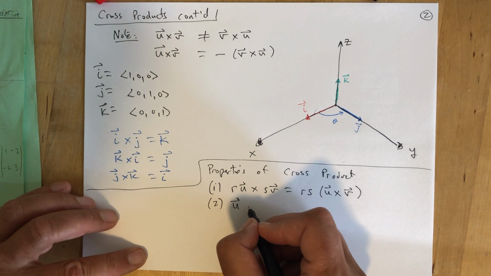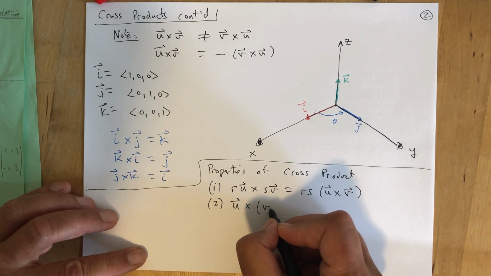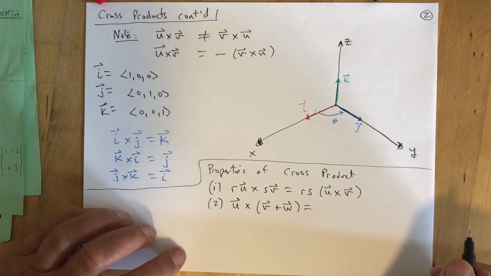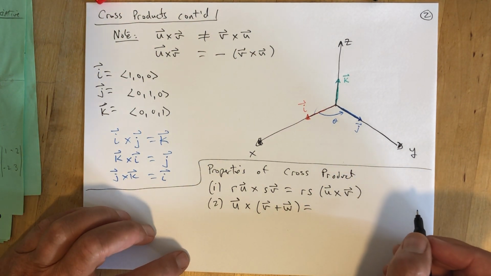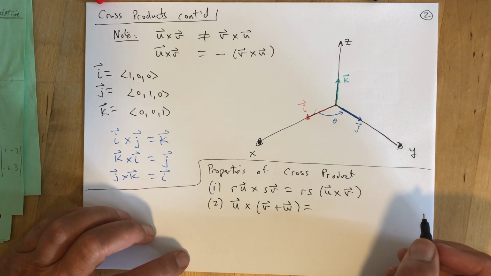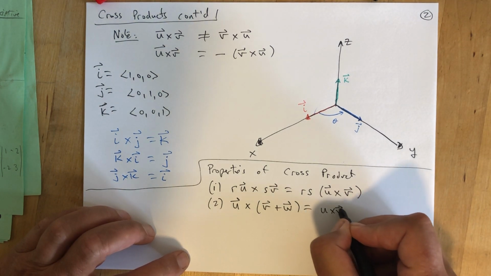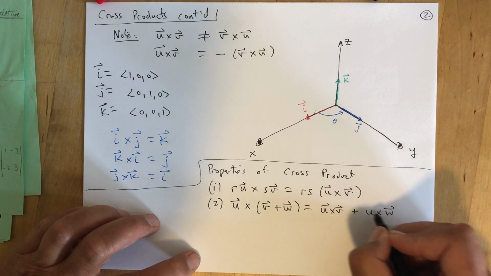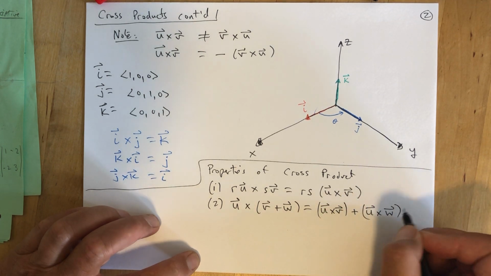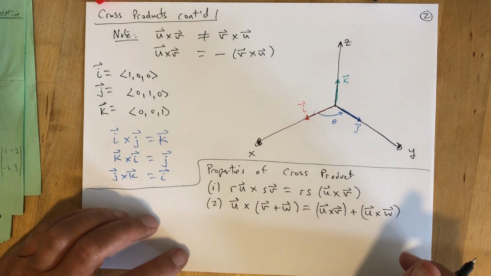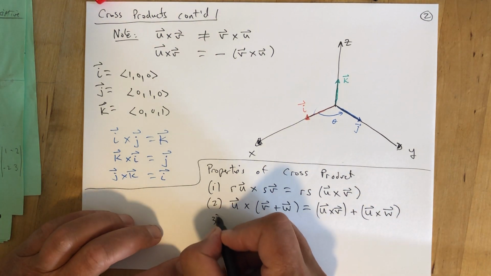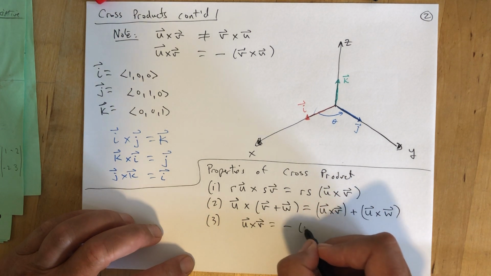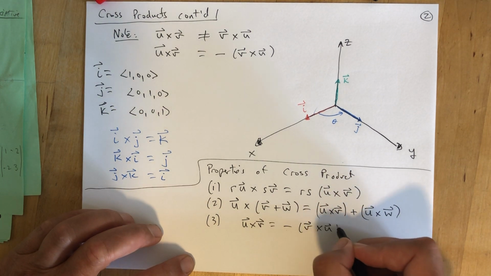If I take U cross the sum of the vectors V plus W, this is U cross V plus U cross W. Three is the one I had before. U cross V is equal to minus V cross U.